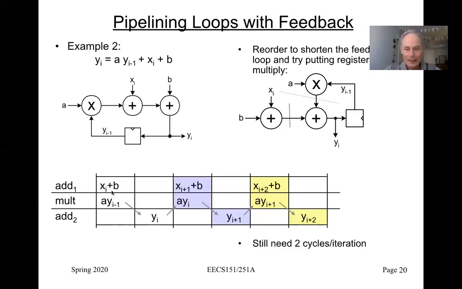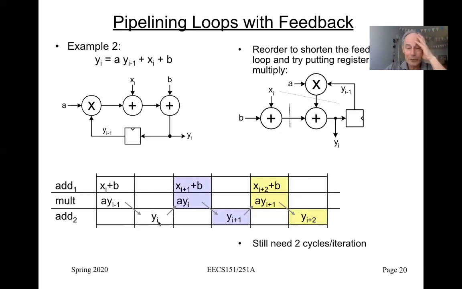Well, on the first clock cycle, the first stage would be the b plus x sub i. That would be this adder here. This multiplier could do y sub i minus 1 times a, and then that gets stored in a register here. And then on the next clock cycle, these two register values would go into this adder, and we could calculate y sub i.